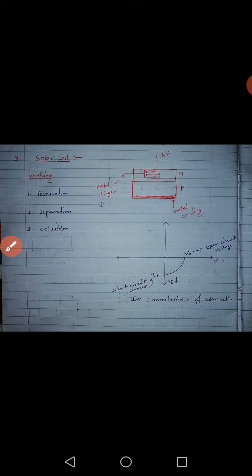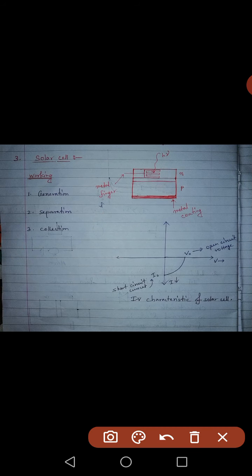Now what is the purpose of this metal finger? Since it is a semiconductor, the conductivity for the electrons is less. Once the electrons are produced here, they cannot move easily through the semiconductor.